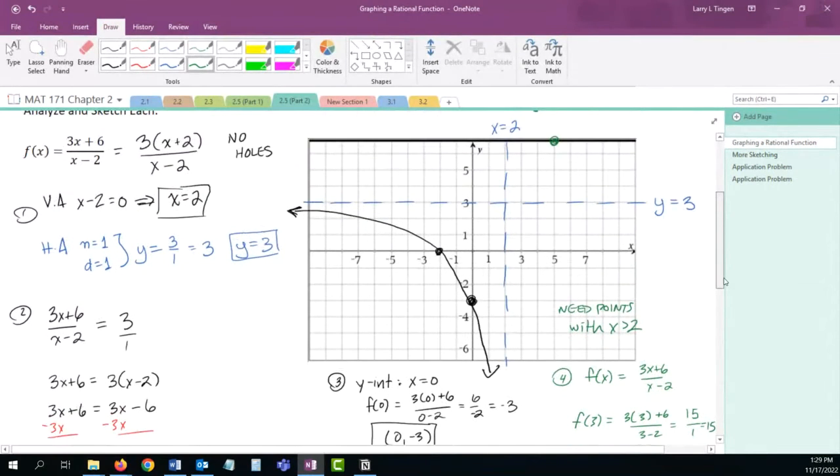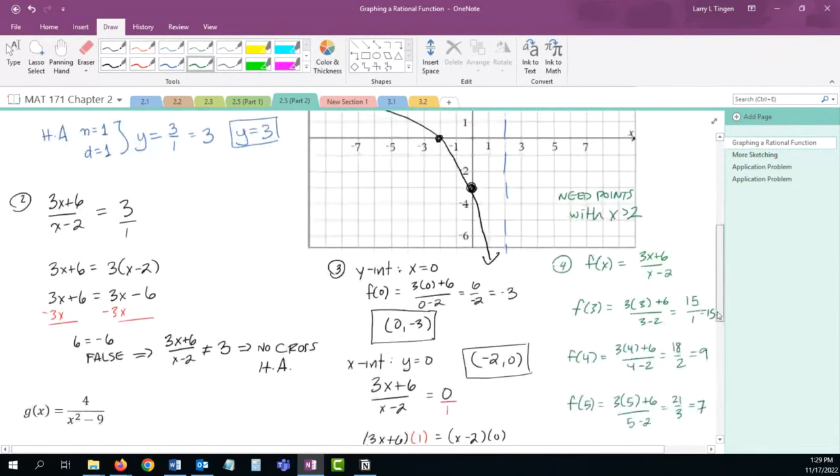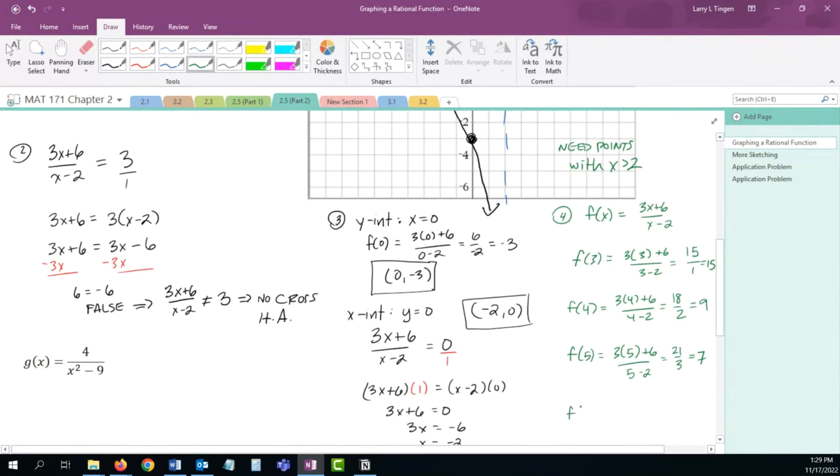And then I can keep moving to the right. Looks like 6 or 7. Let's try 7. 3 times 7 plus 6 over 7 minus 2. 3 times 7 is 21. 21 plus 6 is 27. 7 minus 2 is 5.